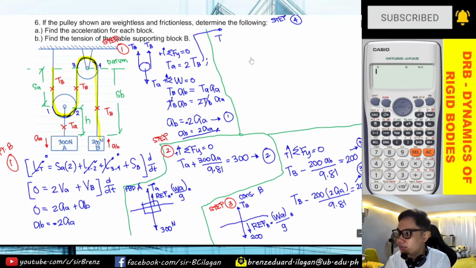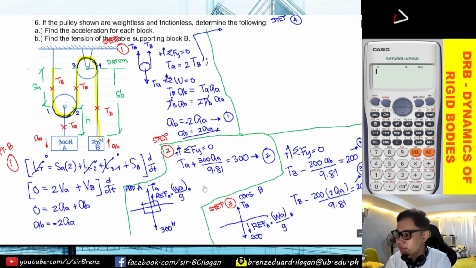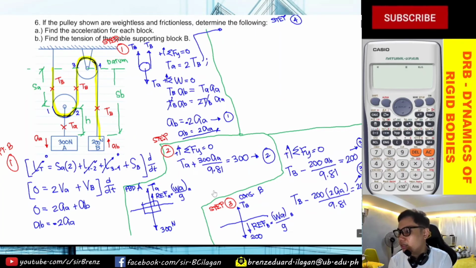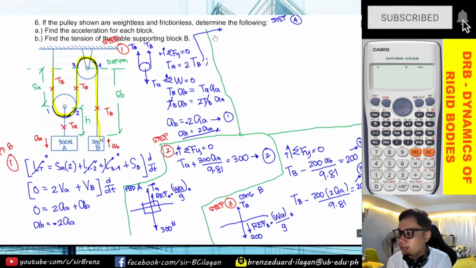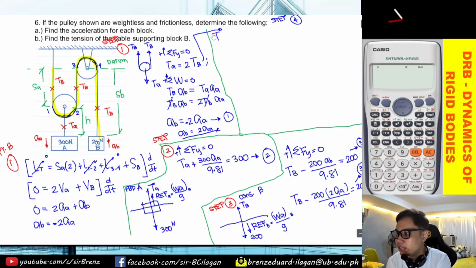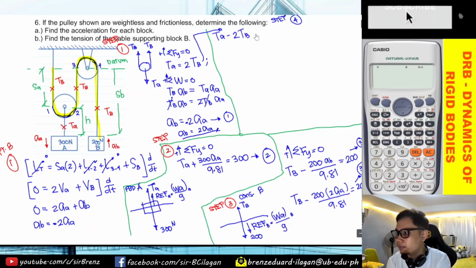Gawin natin itong T sub A minus 2 T sub B plus 0 of acceleration ni A is equals to 0. So, this will be our equation number 4.